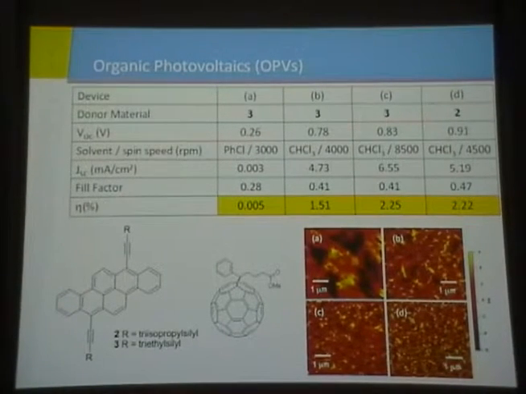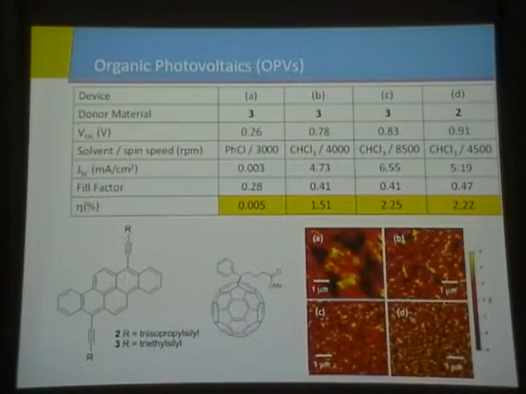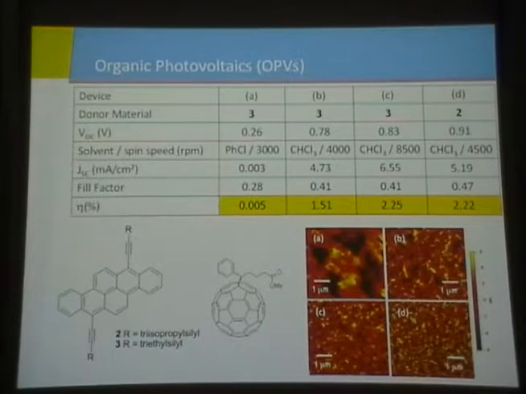And when we process these small molecules with a low boiling point solvent at relatively high spin rates, unlike in the case of polymers, they started to show smoother films, giving nano phase-separated domains, and started giving efficiency as high as 1.5%. With a further increase in spin rate, like 8,500 RPM, the efficiency increased to 2.25%.